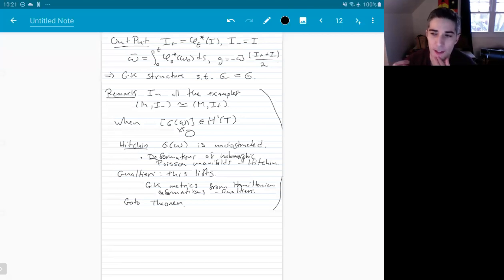Now, the thing about Hitchin's result is that, as you said, it's only about holomorphic Poisson structure. So it's basically saying if you have a holomorphic Poisson structure, and if you give me a (1,1)-type form, then we get an unobstructed deformation of the holomorphic Poisson structure. Then what I showed was that no matter what generalized Kähler structure you have, it doesn't matter what the type is, it's completely irrelevant, there's always a pair of holomorphic Poisson structures.